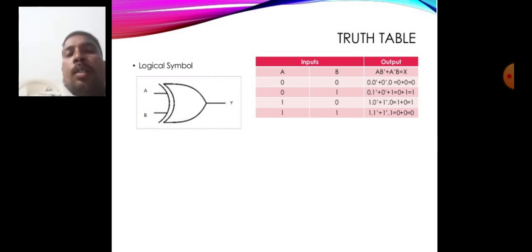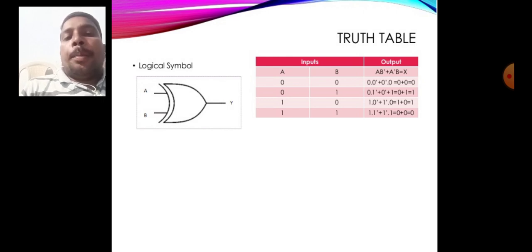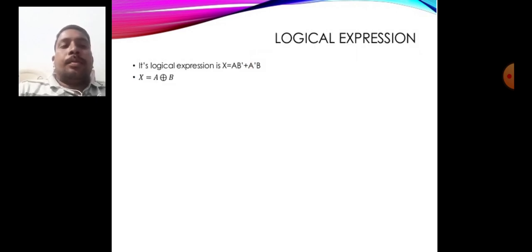Otherwise, if one input is low and the other is high, that means A is low and B is high, or B is low and A is high, the output will be high, that is 1. This is the logical expression of this gate.